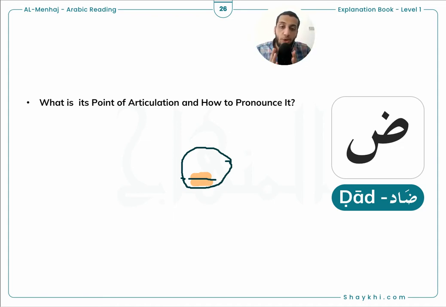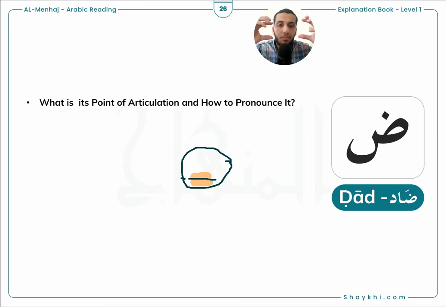When you pronounce the letter ضاد, you can pronounce it with 1 back side or 2 back sides. Make this 1 back side or 2 back sides touch the molars and the next area to them, which is the gums. Al.